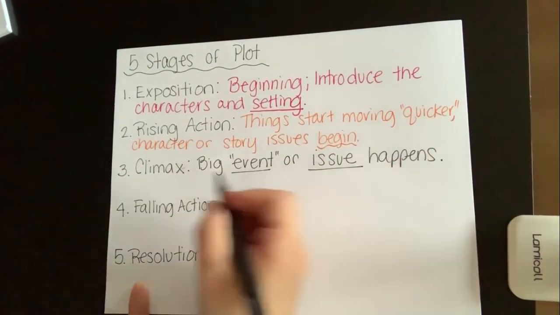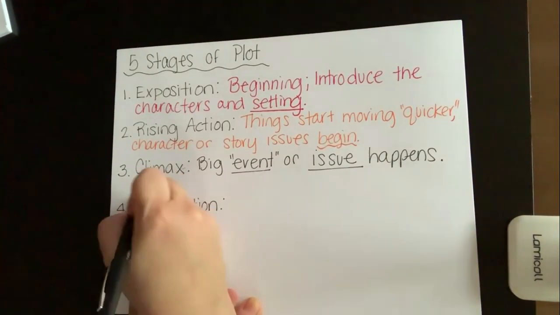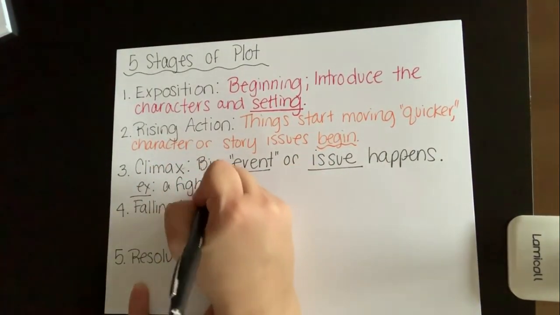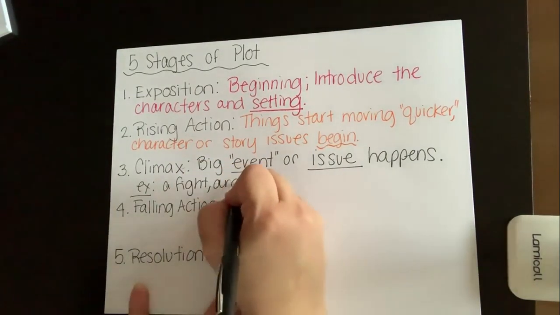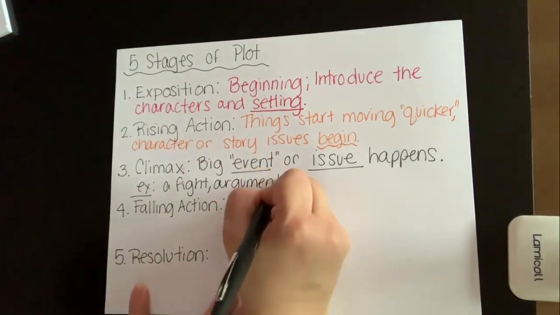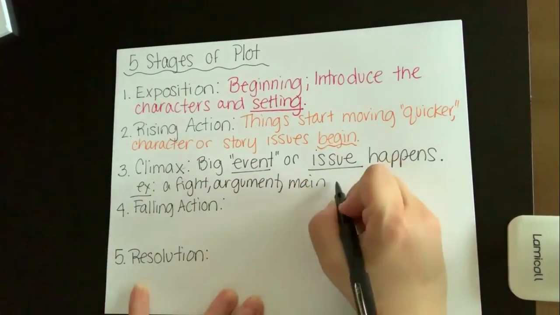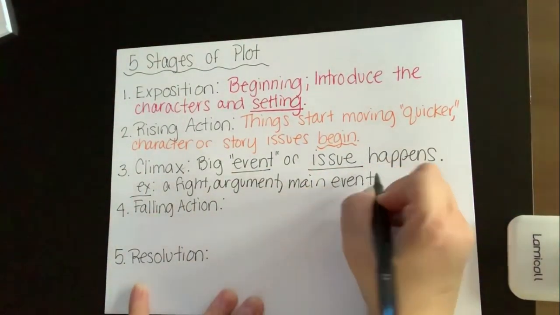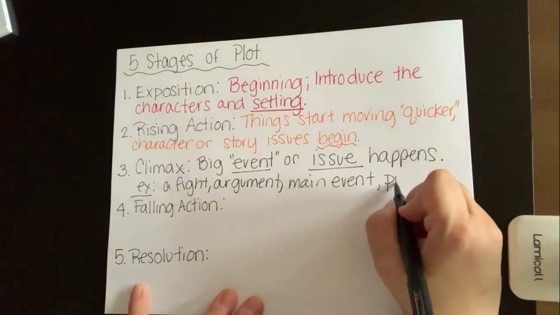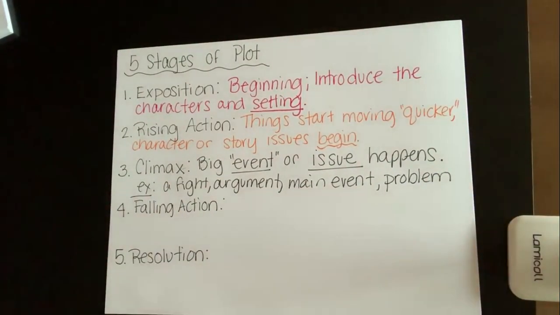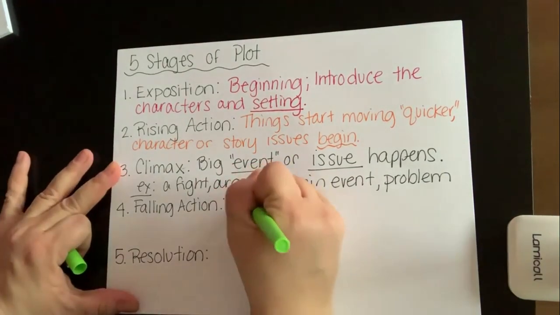Here are some examples for you: a fight. Like I said before, if a main character is getting bullied, it can be a big argument or a big main event, and that main character maybe stands up to the bully and tells them to stop, or maybe they do get in an actual physical argument. But that's when the big problem happens.